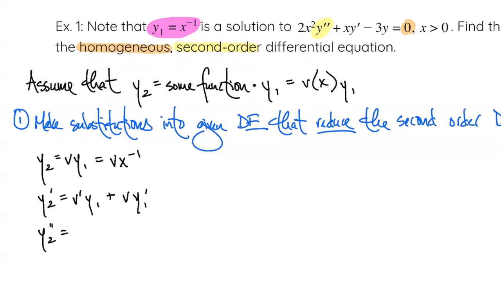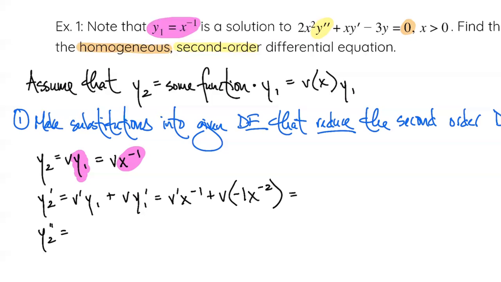All right. So this comes from the pink part above, that we have that first solution. Now, if we use that to write a more specific y2 prime, we will get v prime x to the negative 1 plus v times negative 1x to the negative 2.